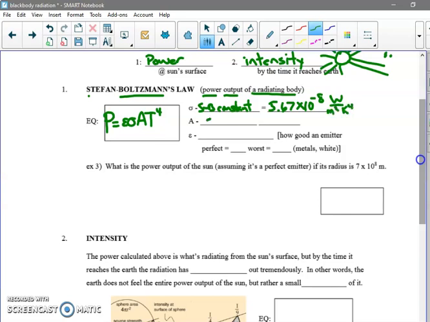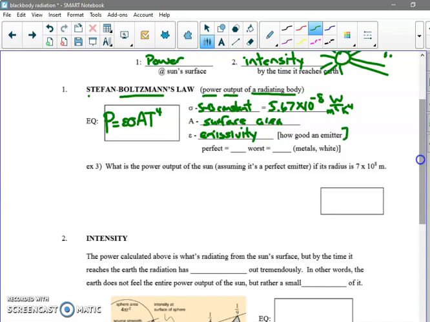A is the surface area, usually of a sphere. And epsilon is called emissivity. It's a constant, just a number, and it's basically how good an emitter, how good a black body, the object is.